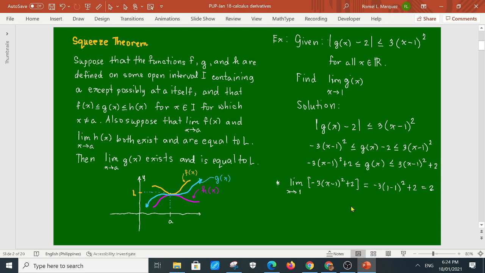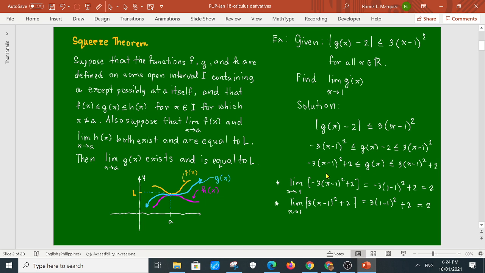Okay, guys? What about the limit of the right part? The limit as x approaches 1 of 3 times (x minus 1) quantity squared plus 2 is 3 times (1 minus 1) quantity squared plus 2, also equal to 2.